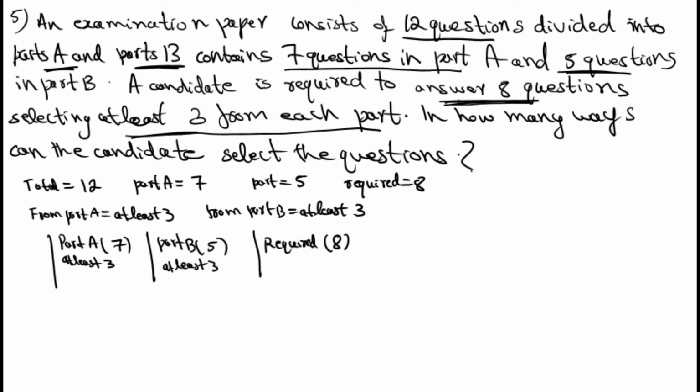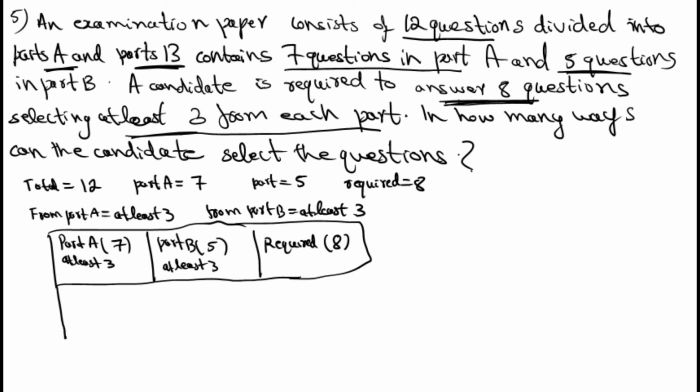Okay, so that time you will get the required number of questions equal to 8. Okay, combined you need to get 8 questions. Okay, write the possibilities. Here see, first at least 3 questions, here 3 questions he is taking. Then see, you need to get 8 questions. That means from part B you need to select 5 questions. 3 questions plus 5 questions is equal to 8.